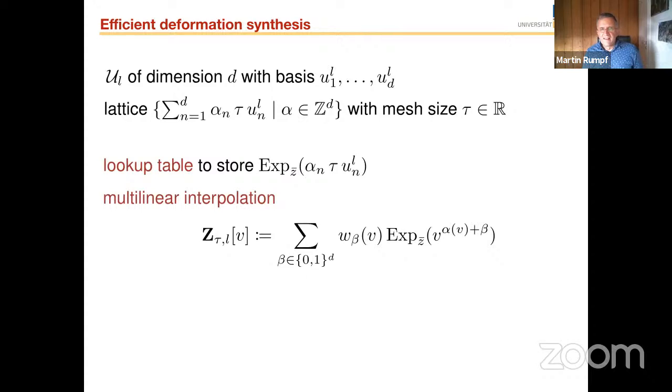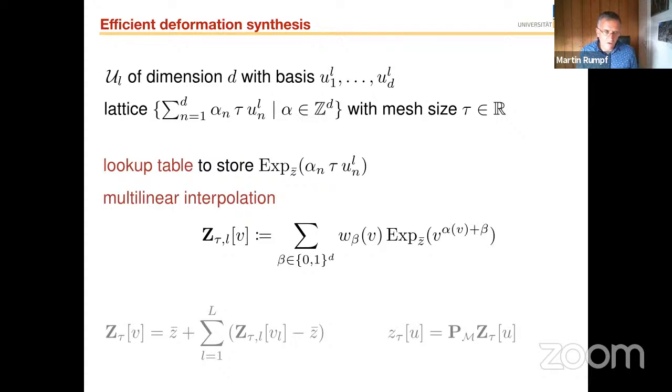And then if we want to compute an actual exponential in this subspace, we can just use a multilinear combination of these lookup table exponential map values to compute an approximation of the exponential map for a given V vector. Now we just take these multilinear weights and apply them to these exponentials from the lookup table.